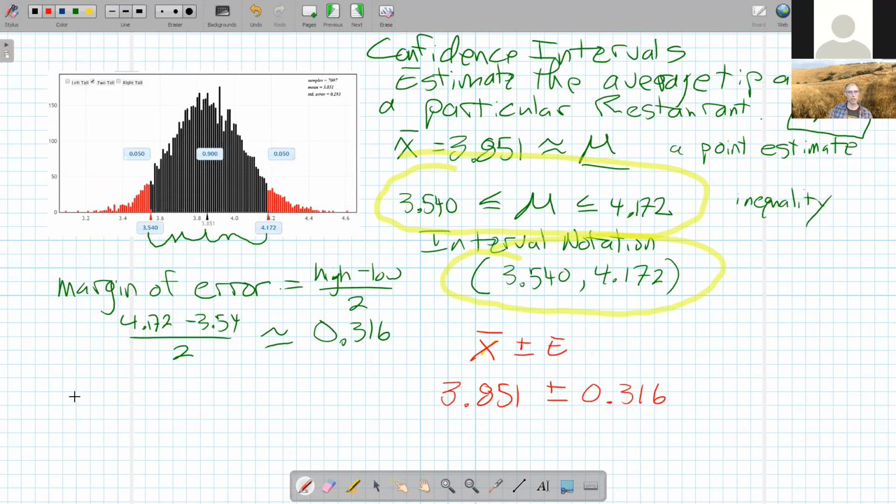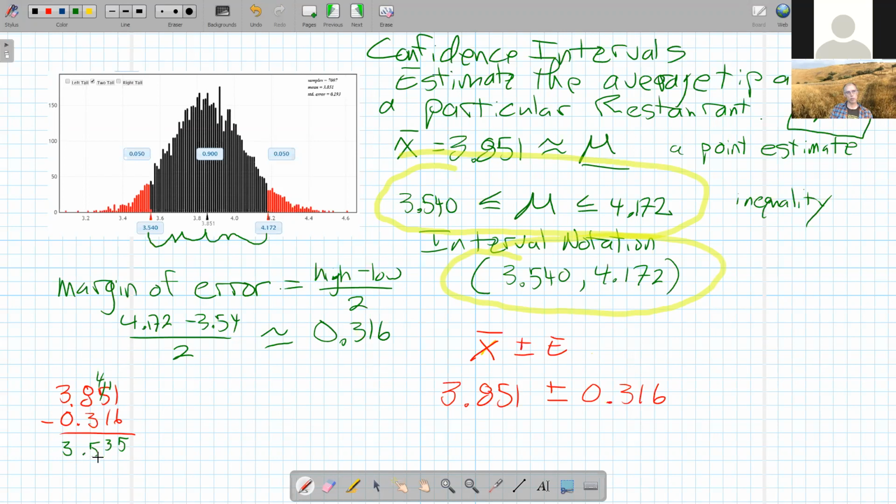So let's see how close we get. So if I take 3.851 and I subtract first. So you're going to do a lot of graphing and arithmetic, and the graph's done on the computer. All right, so subtracting here, borrow, oh, that's supposed to be a 3. 8 minus 3 is 5, 3 minus 0 is 3.